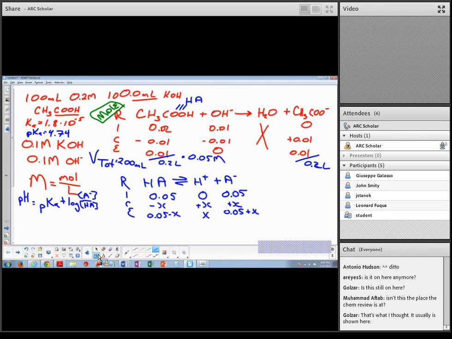So the pKa is 4.74. What we can do now is plug in pKa and our two concentrations. Really, you could just plug in the moles because they're a ratio, so the volumes would just cancel each other out anyway.